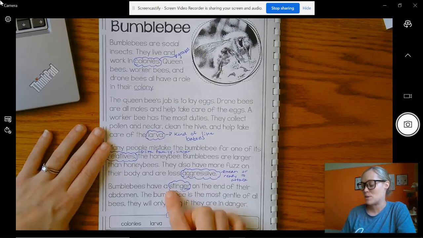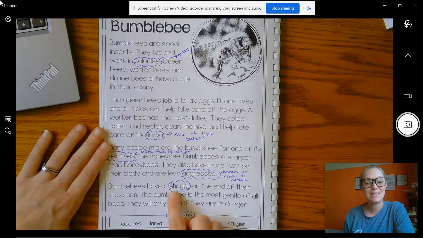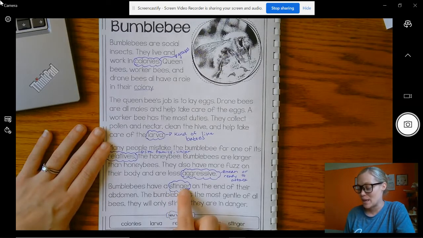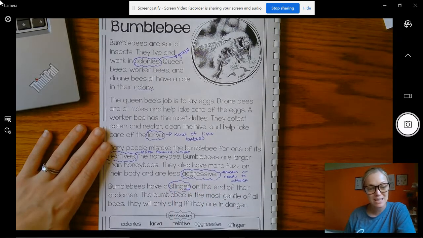So you could think of this as or something that stings. So that er at the end means something that, and then you hop back to the root word sting. Something that stings. So a stinger is something that stings.